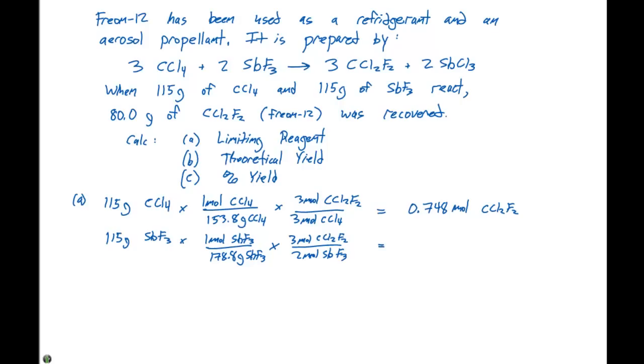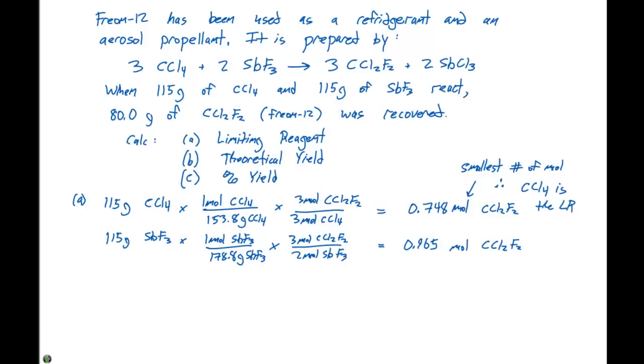This is going to give us 0.965 moles of CCl2F2, or Freon 12. So from these values, this first one that we calculate is the smallest number of moles. So therefore, the CCl4 is the limiting reactant.